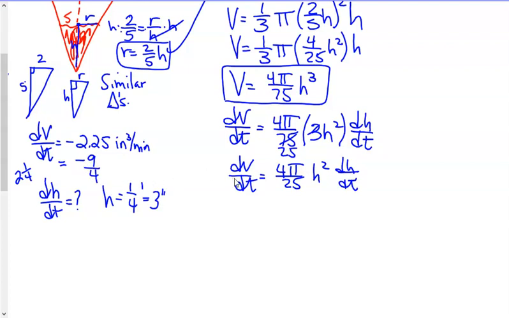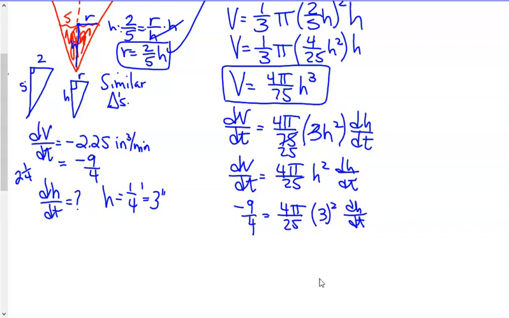I'm going to go ahead and use the fraction to make this negative 9/4 for my dv over dt equals 4 pi over 25 times 3 squared, which is 9, times dh over dt, because that's what I'm looking for. Now, 9 times 4 gives me a 36 pi over 25.